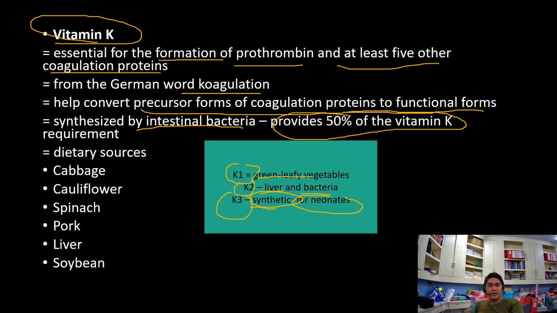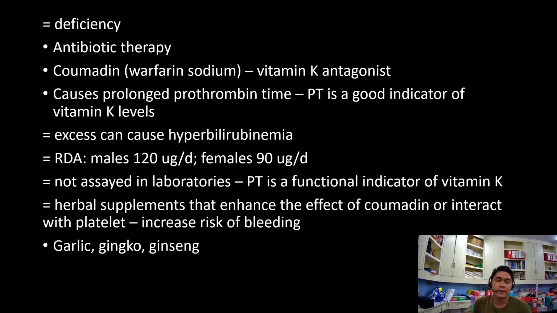Next you have the sources. For sources, you have supplementation, that's for artificial, and natural, you have your dietary sources. For example, you have cabbage, cauliflower, spinach, pork, liver, and soybean. Then for deficiency cause, first is antibiotic therapy.